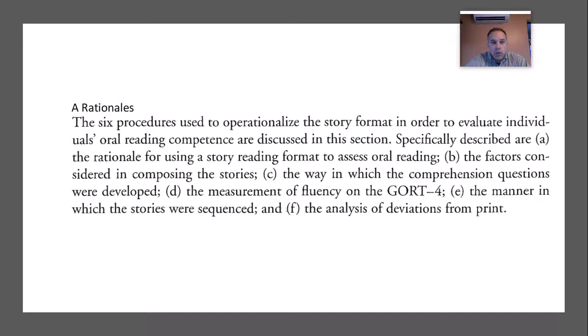But the rationales. 6 procedures were used to operationalize the story format in order to evaluate individuals' oral reading competencies. So the procedures used were the rationale for using a story, the factors considered in composing the stories, the way in which the comprehension questions were developed, the measurement of fluency on the GORT, the manner in which the stories were sequenced, and the analysis of deviations from print.